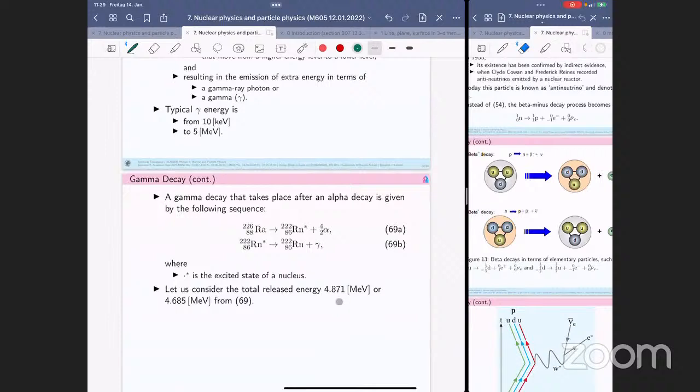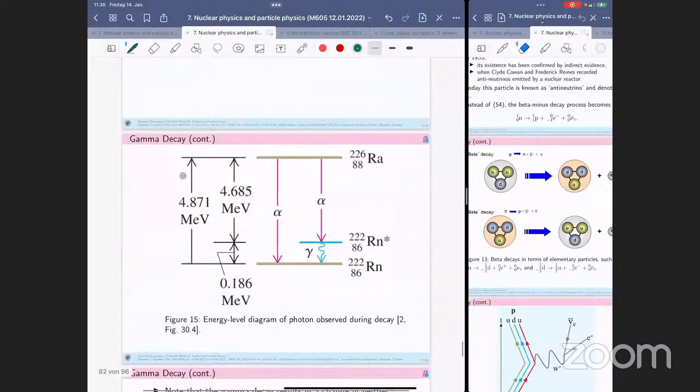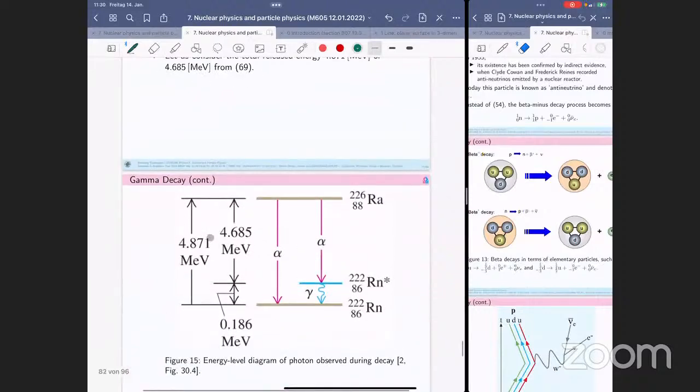Let us consider the total released energy, 4.871 mega electron volts, or 4.685 mega electron volts. Okay, you start from radium 226 to radon, 88 to 86, and once the radium emits the alpha particle, there are two ways. The first way is that the radium nucleus releases the alpha particle and it finishes.